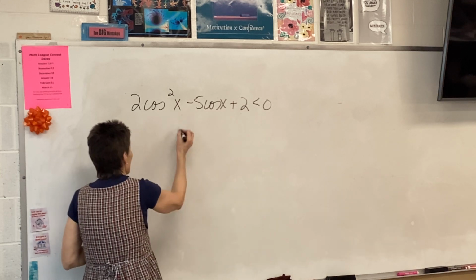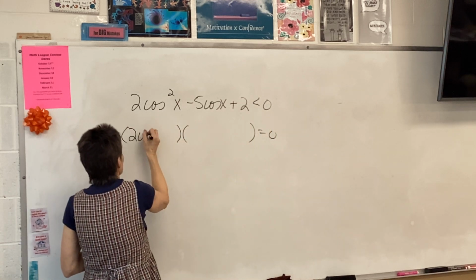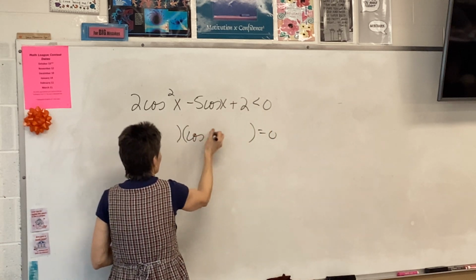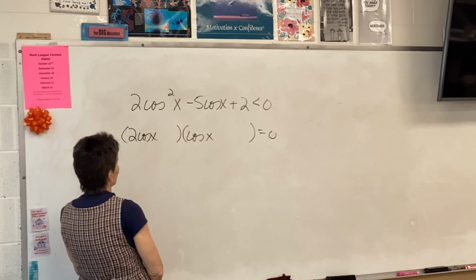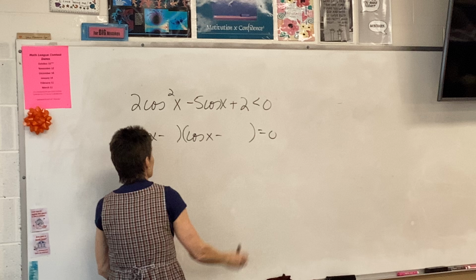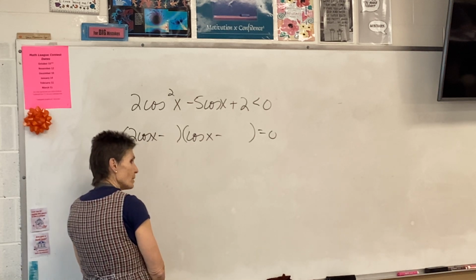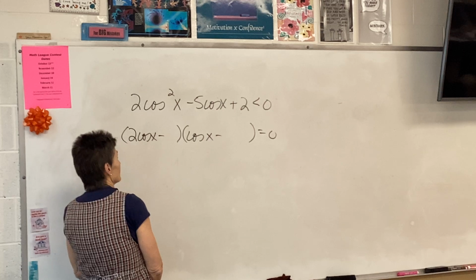Let's see, does this one factor? No, it sure would be easier if it did. Does this factor? 2 cosine, cosine, minus and minus. Oh, 4 and 1. Oh, wait, no. I forgot about the 2.